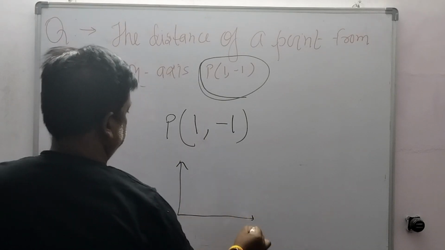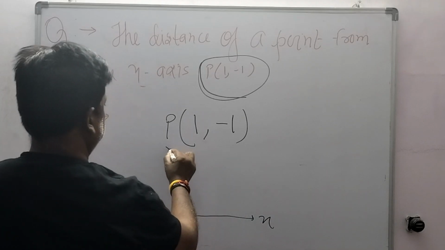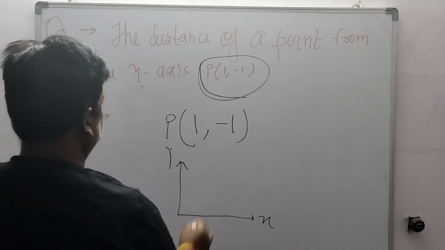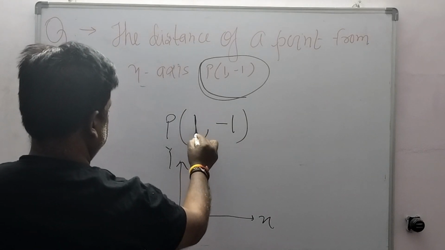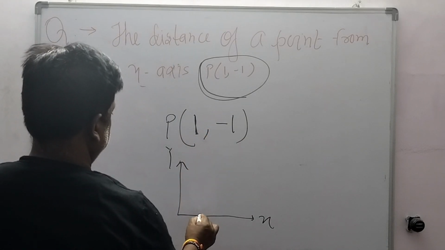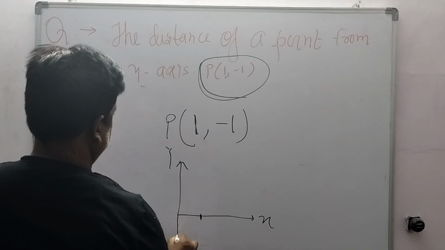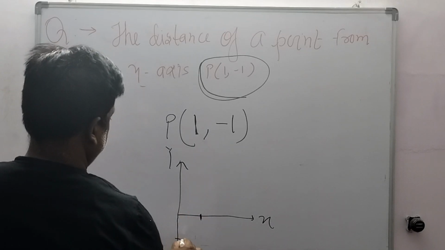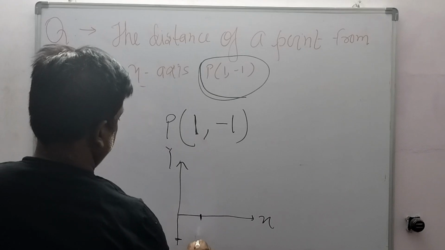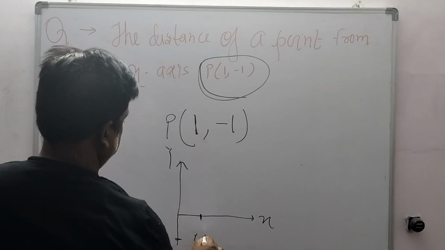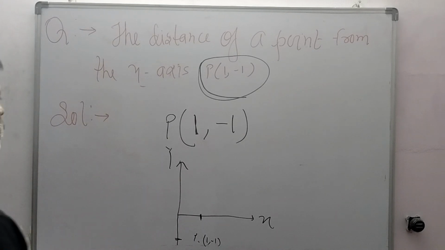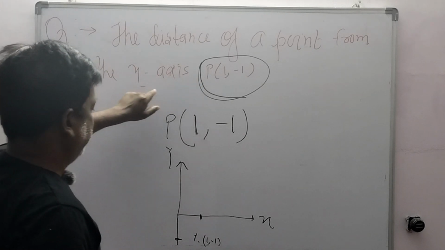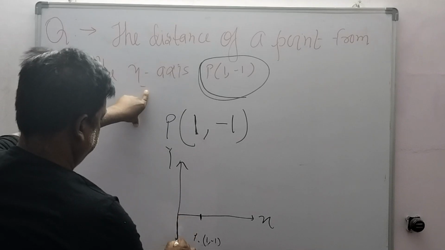Okay, this is the x-axis, this is the y-axis. The point (1, -1): the x coordinate is 1, and y coordinate -1 comes here. So point P is here, and the distance of point P from the x-axis is this.